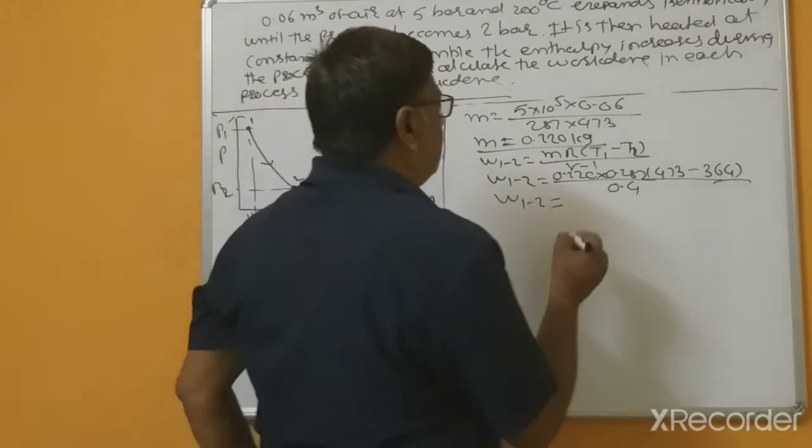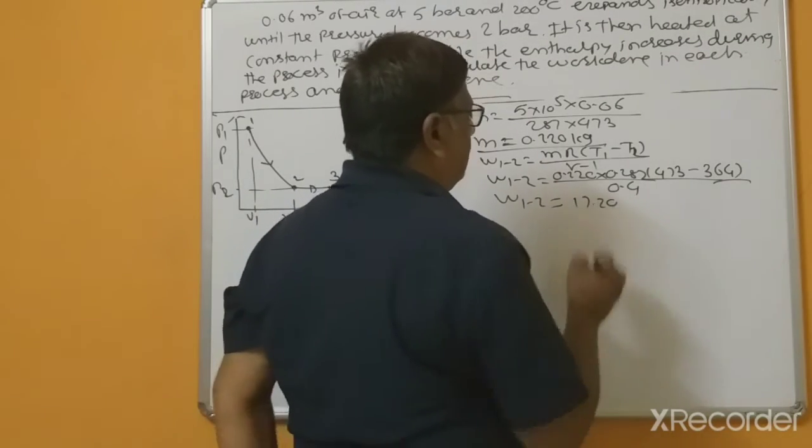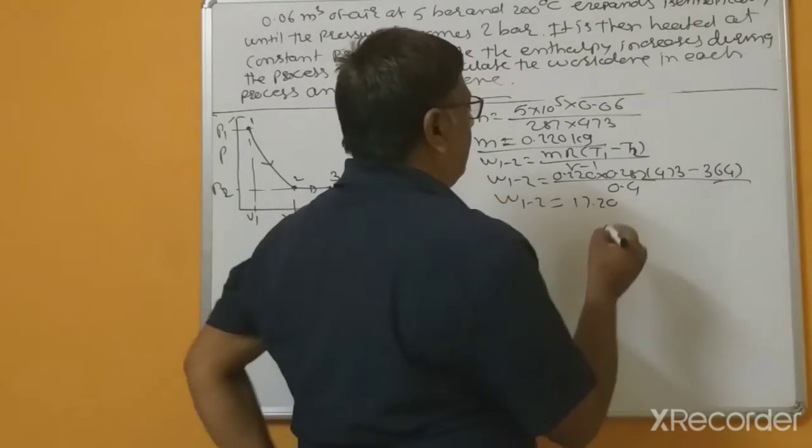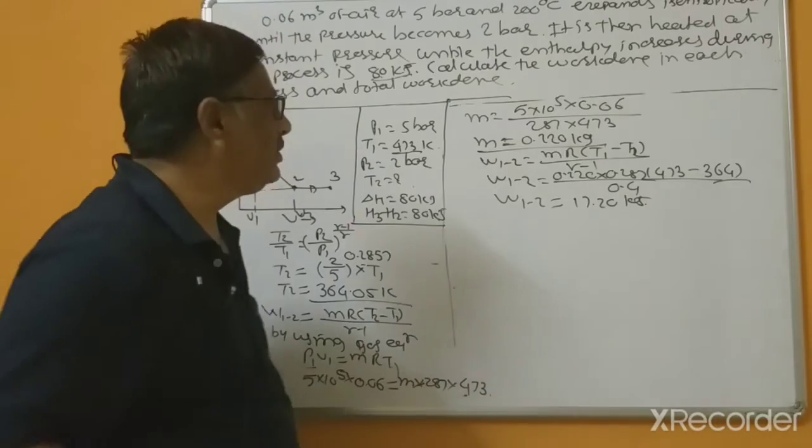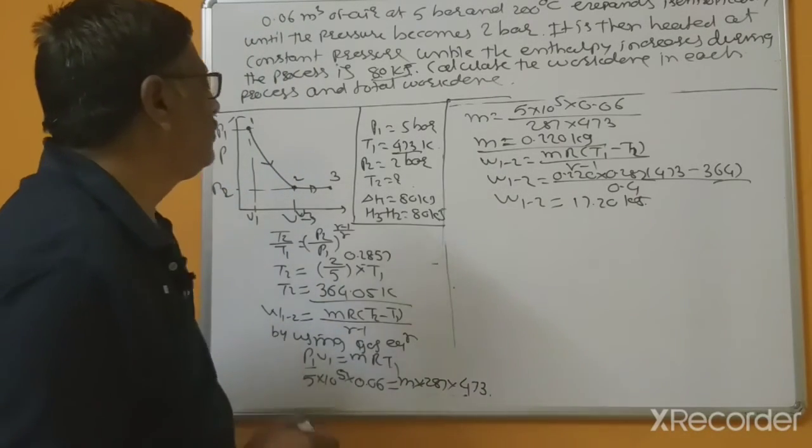This is 17.20 kilojoule during this 1 to 2 process.